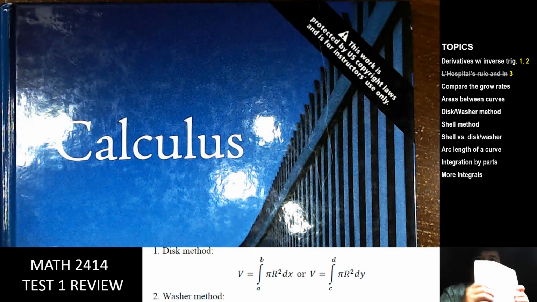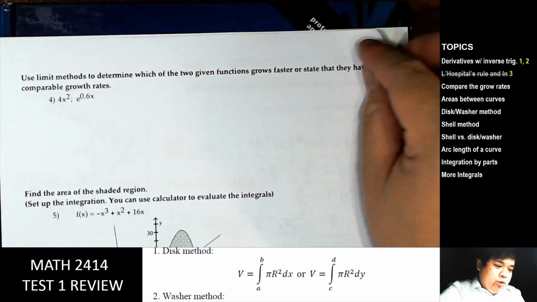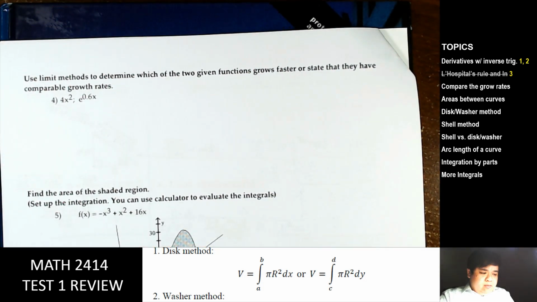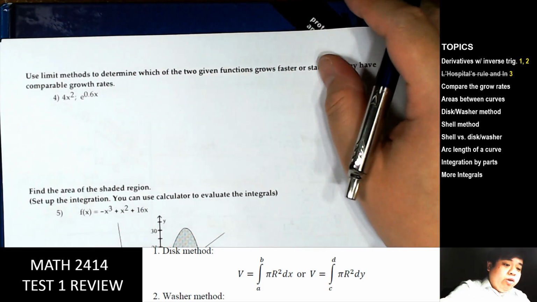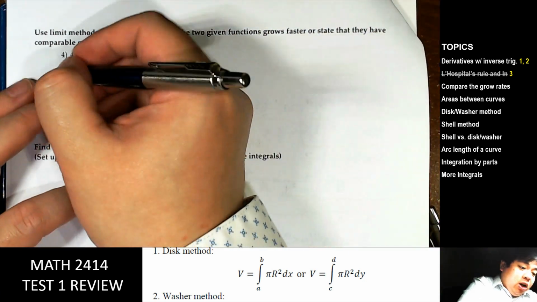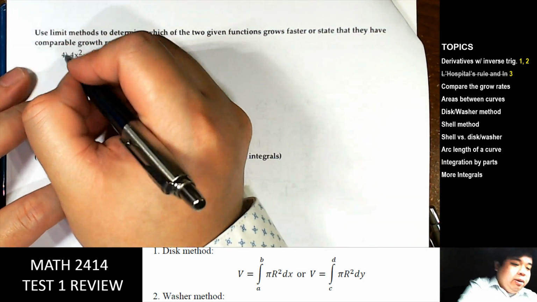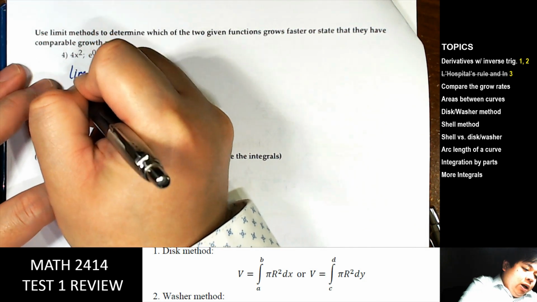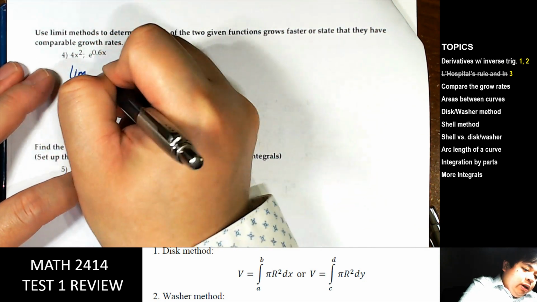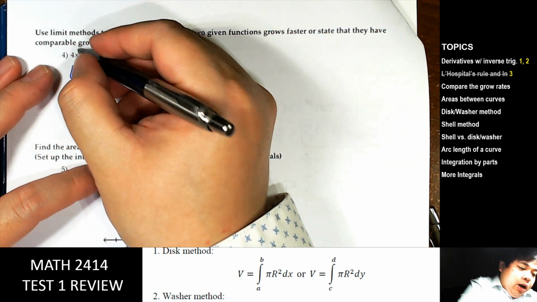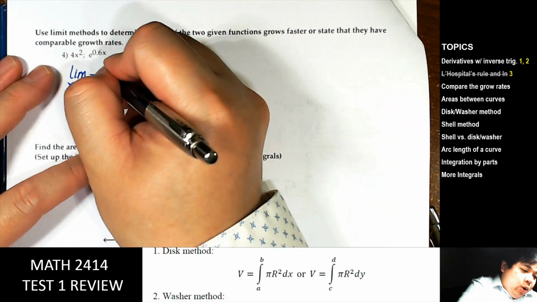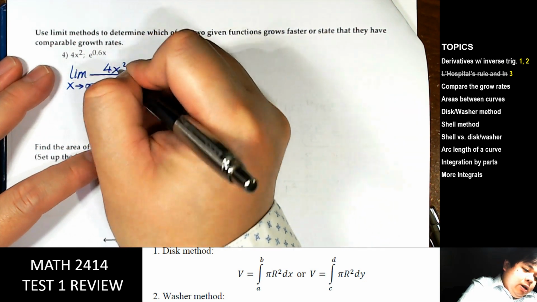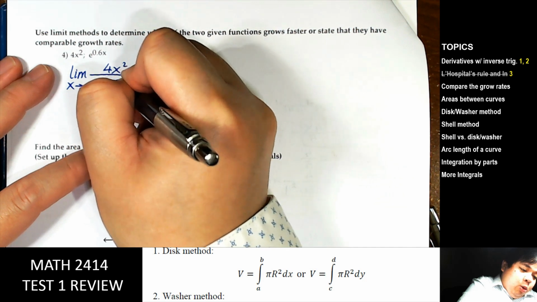Next week we'll compare the growth rates of two functions. For that, we just take the ratio of two functions and take the limit when x goes to infinity. So limit when x goes to infinity of the function, I'll just use 4x squared over e to the 0.6x.